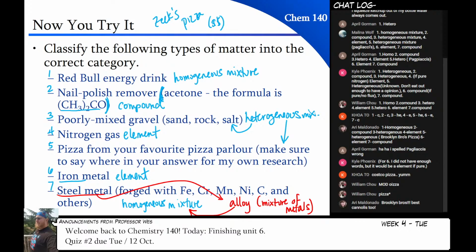Some examples of alloys would be things like bronze, or brass, or electrum. Stainless steel, pewter. These are all examples of alloys. They are mixtures of metal that are made by heating two metals in the presence of each other.